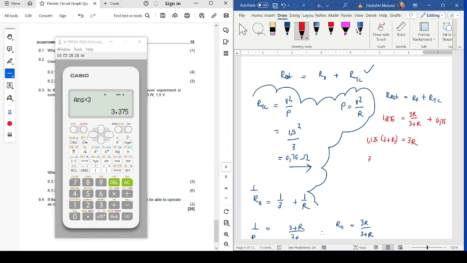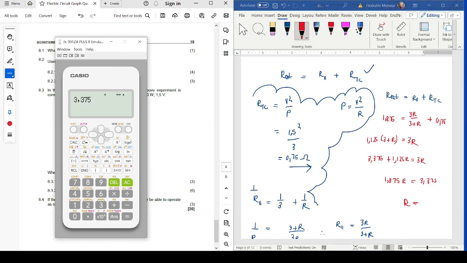It's 3,375 plus 1,125r, 3r. So we're going to take the 3 minus 1,125, and that is 1,875r, which is equal to 3,375.